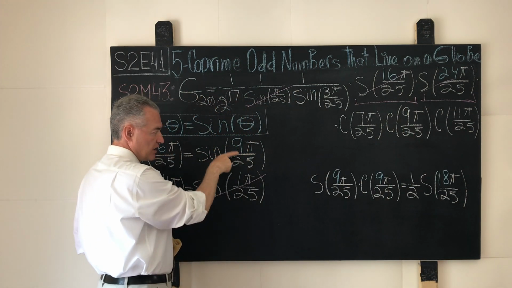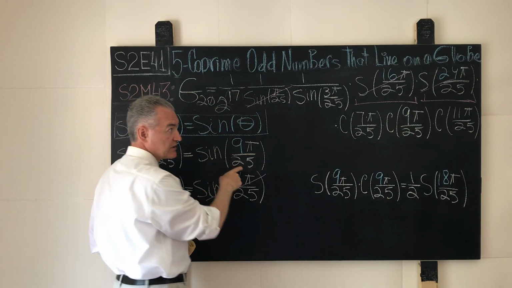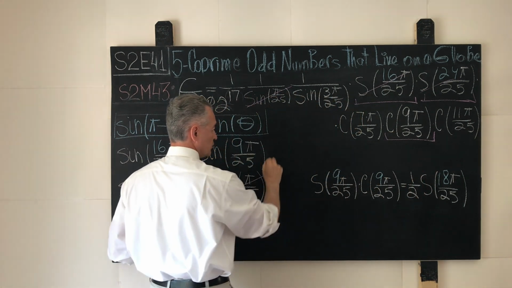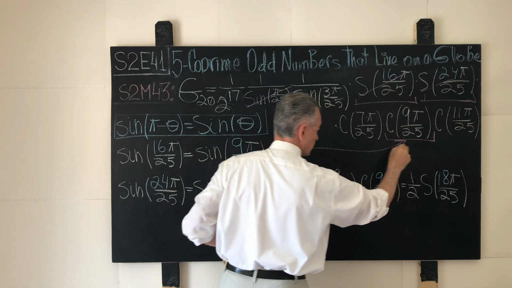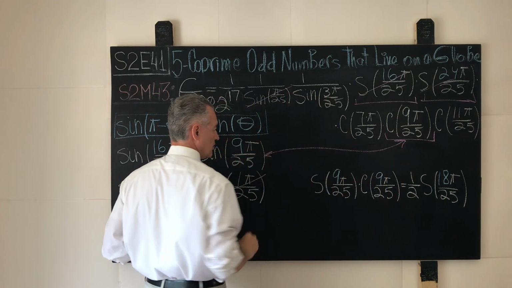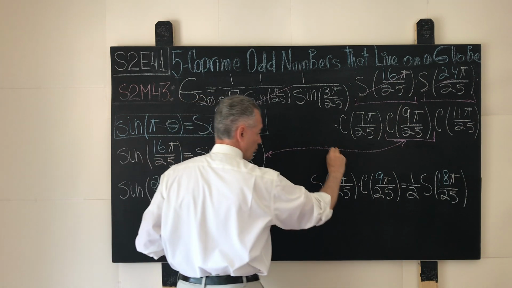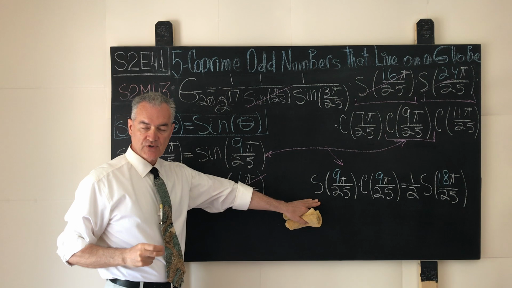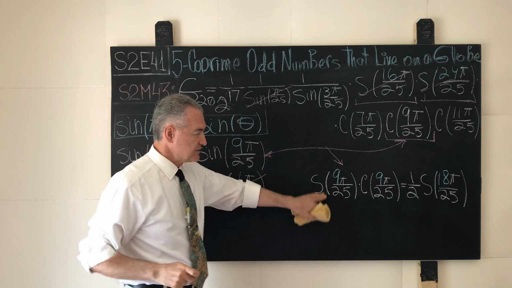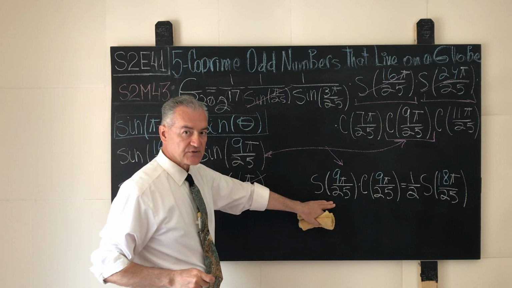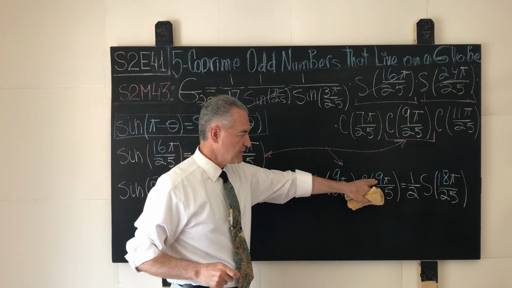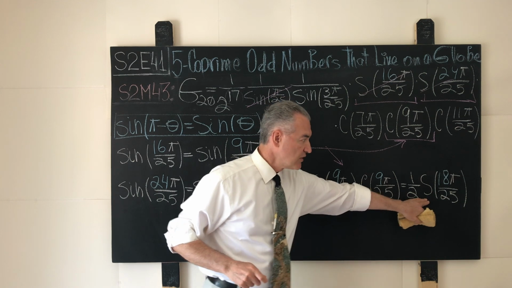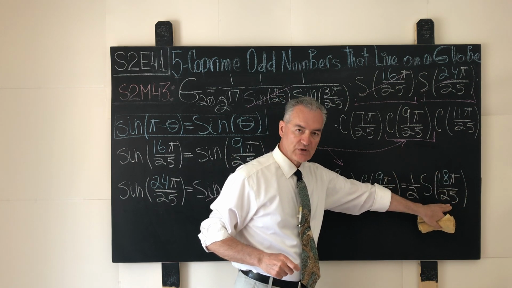The sine of 9 pi over 25 will happily collide with what? With this cosine of 9 pi over 25. So when these guys enter into a productive relationship, what will happen? Well, we use again the double angle identity for the trigonometric function of sine. The sine of 9 pi over 25 times the cosine of 9 pi over 25 is 1/2 of what? Of sine of 18 pi over 25.